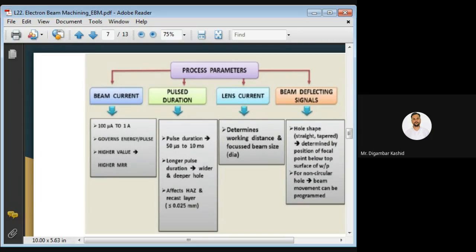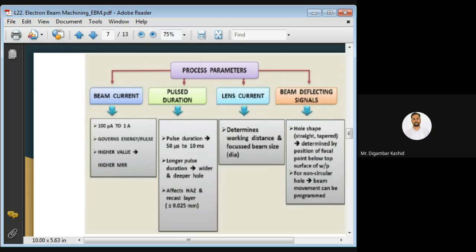So this lens current will determine your working distance and the focused beam diameter, the beam size. It is called the focused beam size.